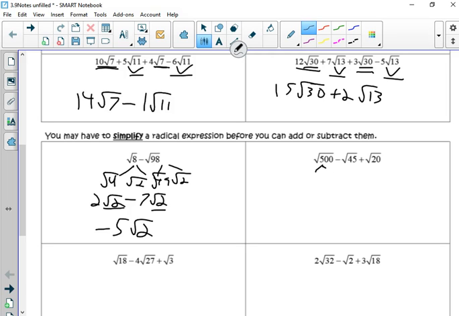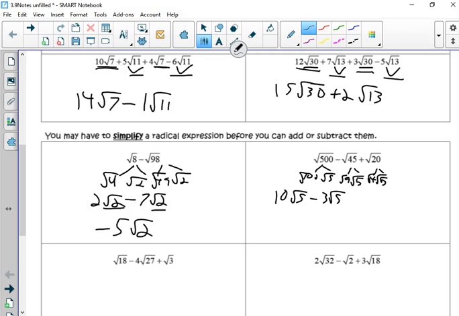Okay, 500 breaks down to 100 and 5. This breaks down to 9 and 5. This breaks down to 4 and 5. So, square root of 100 is 10. That's 10 radical 5. The minus stays the same. Square root of 9 is 3.